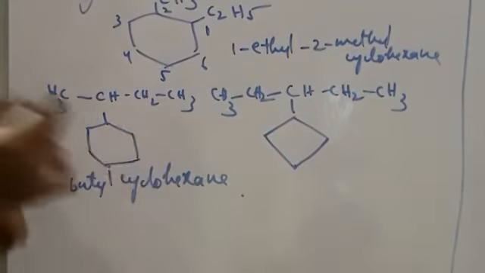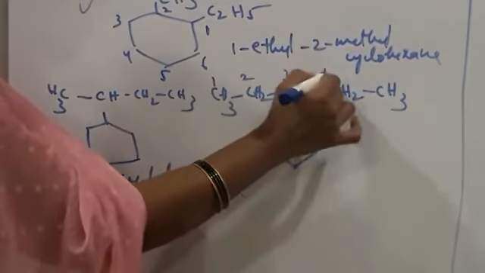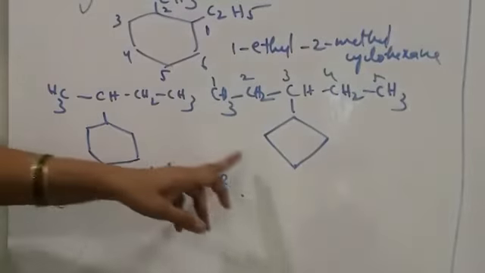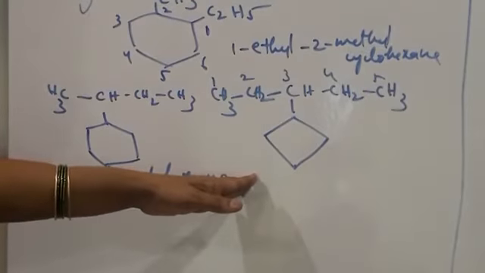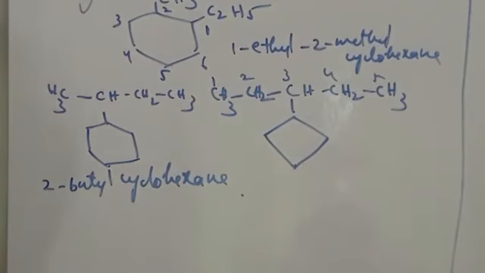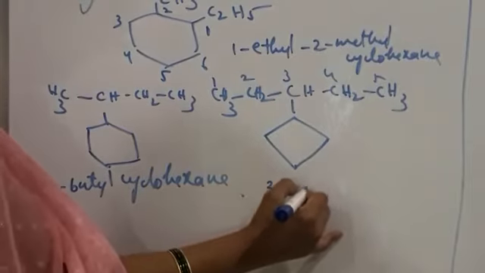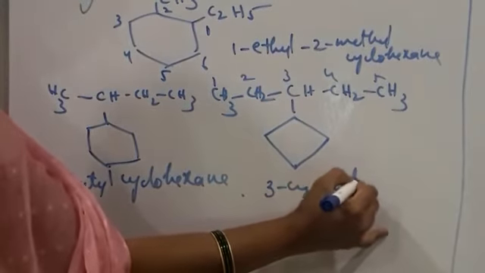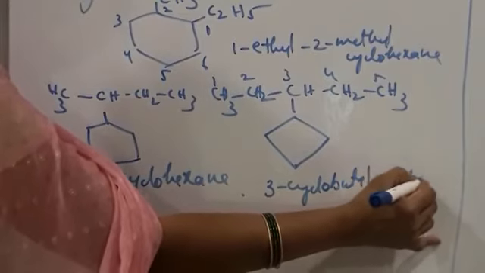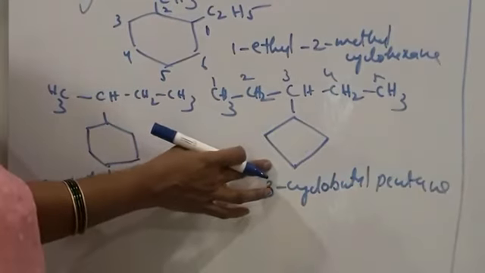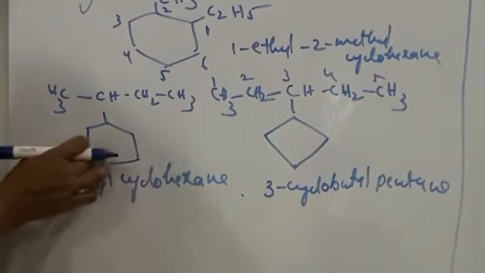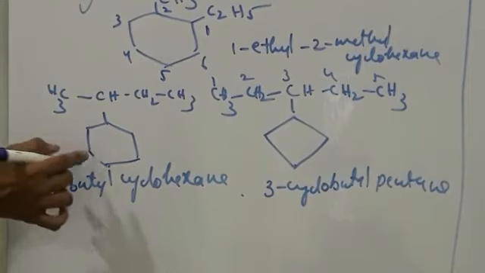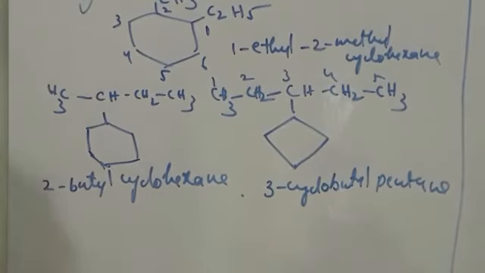So we can write 1, 2, 3, 4, 5: 3-cyclobutyl pentane. It contains fewer carbon atoms, that's why it becomes a substituent now. And here, with more carbon atoms, this is the main base and the chain becomes the substituent.